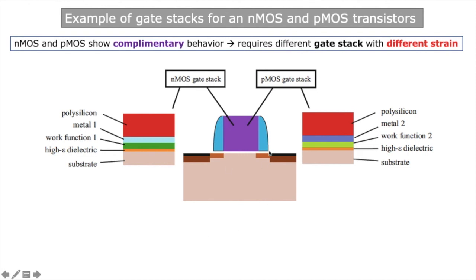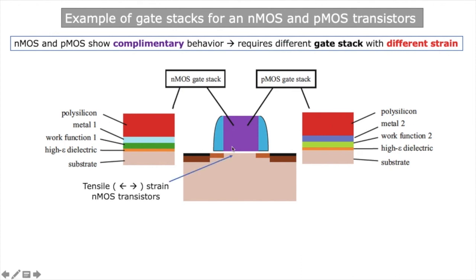So you really have to work on the work function and the different materials used for different devices. All you need to do is to understand and decide what should be the gate layer stack for NMOS and what should be the gate layer stack for PMOS.